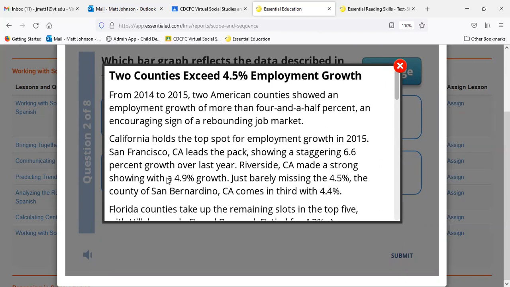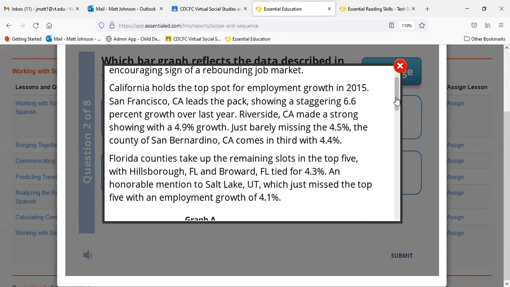San Francisco, California leads the pack, showing a staggering 6.6% growth. Riverside, California made a strong showing with 4.9% growth, just barely missing the 4.5%. The county of San Bernardino, California comes in 3rd with 4.4. Florida counties take up the remaining slots in the top 5. Hillsborough, Florida, and Broward, Florida, 4.3.